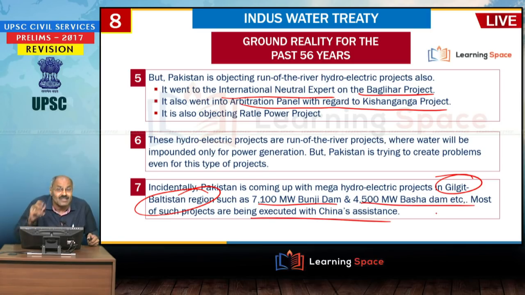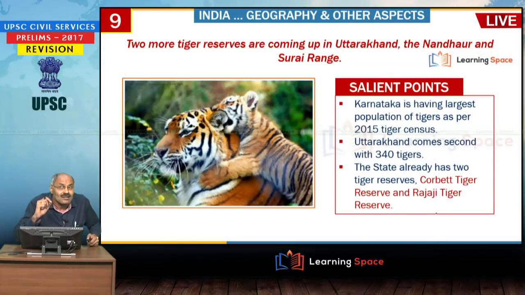These are executed with China's assistance, but Pakistan is objecting to run of the river hydroelectric projects on the western rivers, and it is going quite often to the arbitration panels, right.